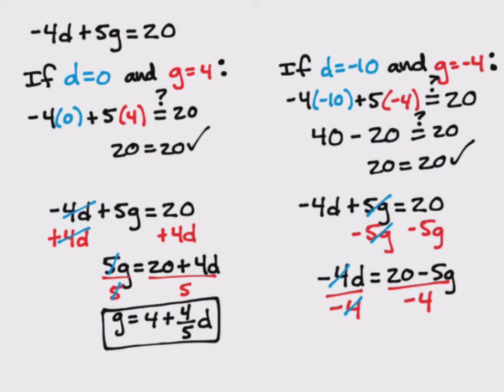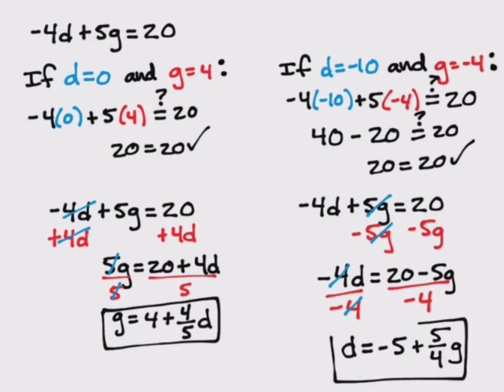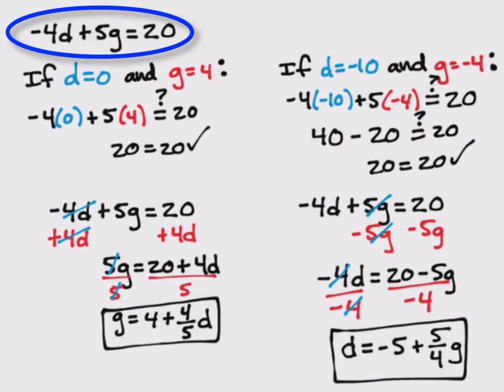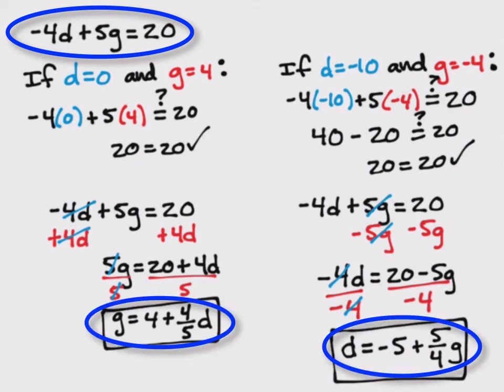That's just going to be d. On the right-hand side, 20 divided by negative 4 is negative 5. And negative 5g divided by negative 4 is going to be 5/4 g. Got to be really, really conscious of your signs whenever you divide by a negative number. And so we've successfully taken this equation and solved it for both g and for d.